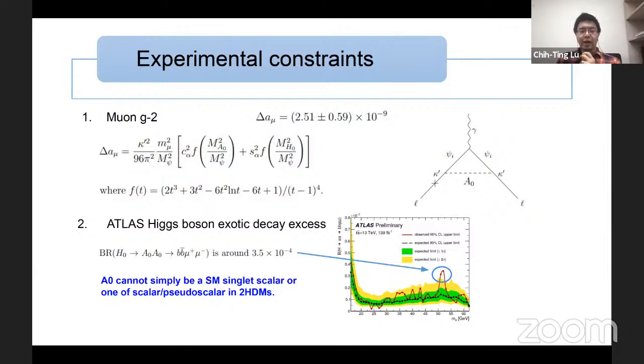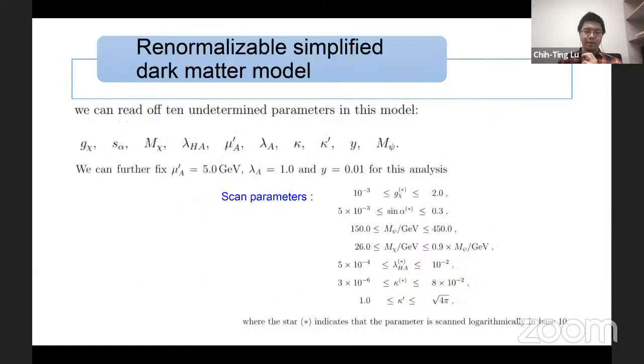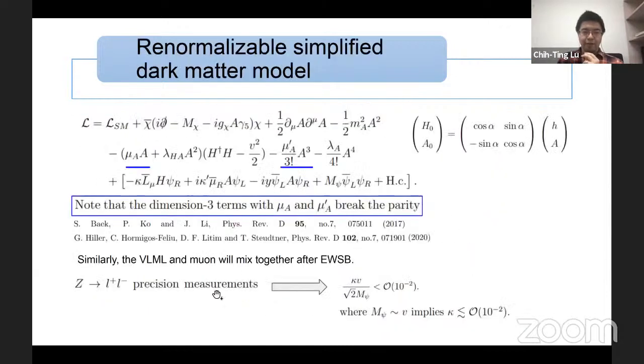And there's a very interesting thing here. If we just try to explain this A0 as a standard model singlet scalar or one of the scalar or pseudoscalar in 2HDMs, actually it's very challenging to explain this excess. We need something extra. For example, in our models, after the spontaneous symmetry breaking, this psi_L can mix with the standard model muons.